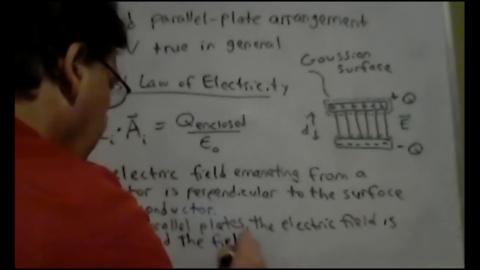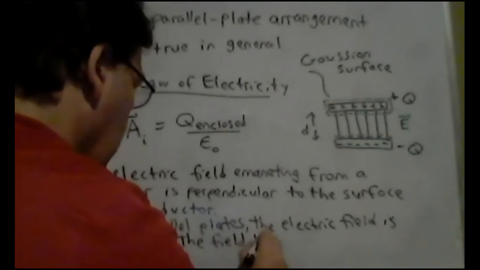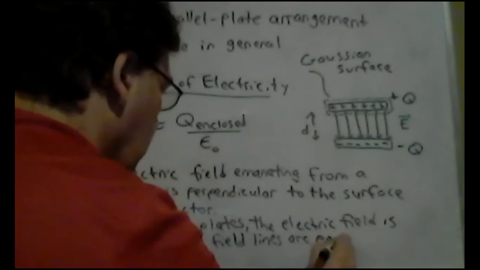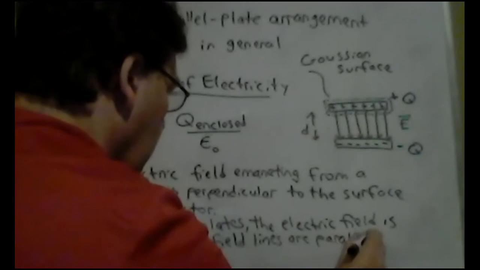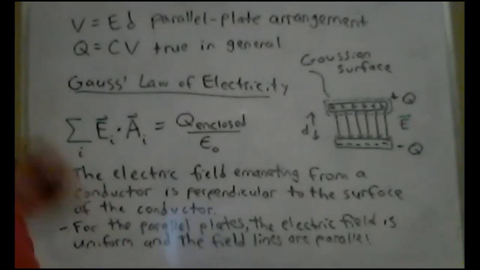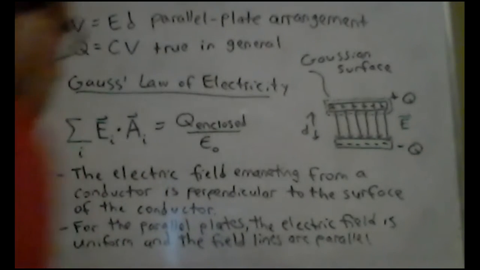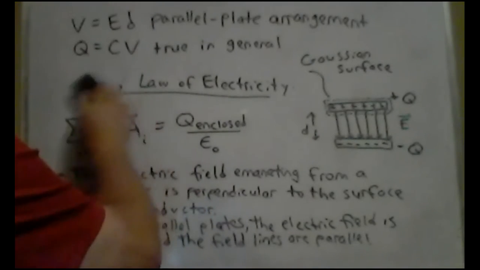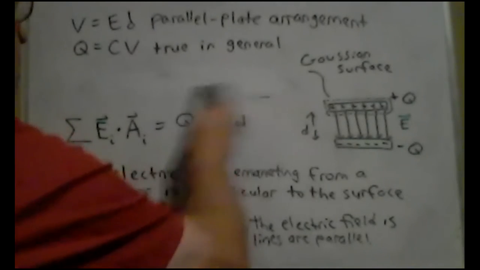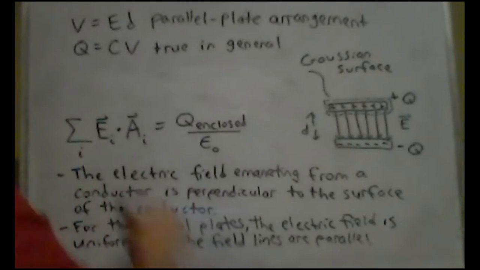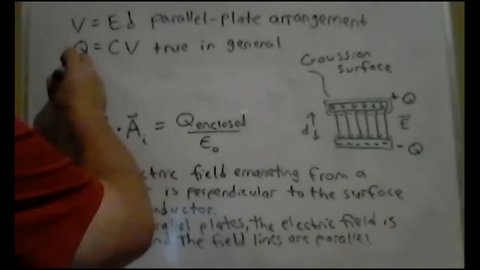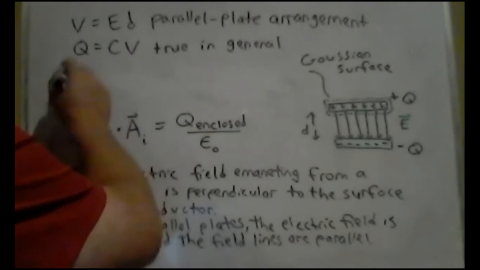It's a nice, perfect, uniform electric field. And we know something else. The area normal is perpendicular to the surface, so the electric field lines are parallel to the area normals.